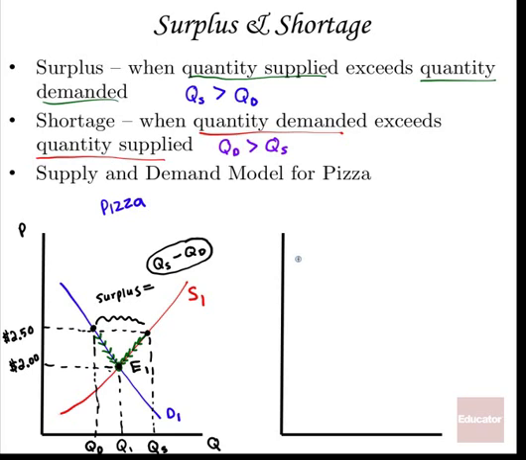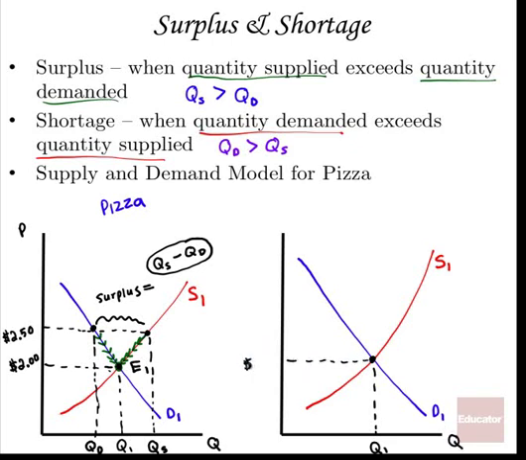Now let's take a look at the same supply and demand for pizza here. And you have the equilibrium where supply and demand intersect, labeled as Q1 here. And let's say that it's $2 right here. Now what happens if the price of pizza is $1.50?